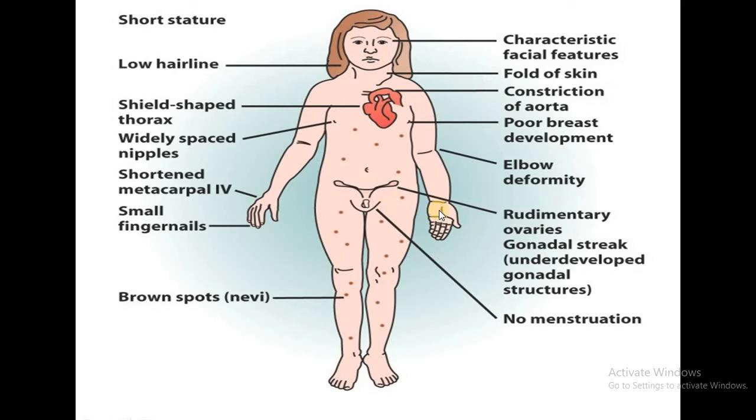Why there is no menstruation is because of the rudimentary ovaries, the gonadal streak, underdeveloped gonadal structures. That is the reason why they do not get menstruation.